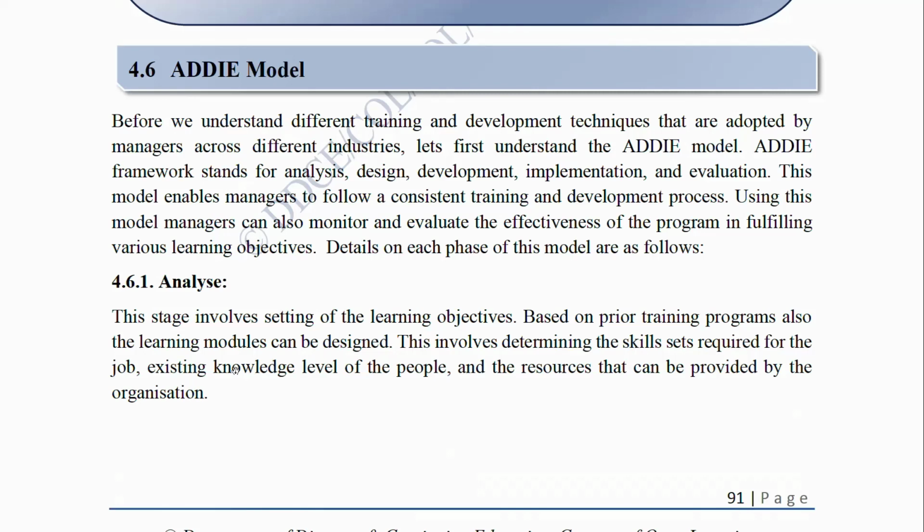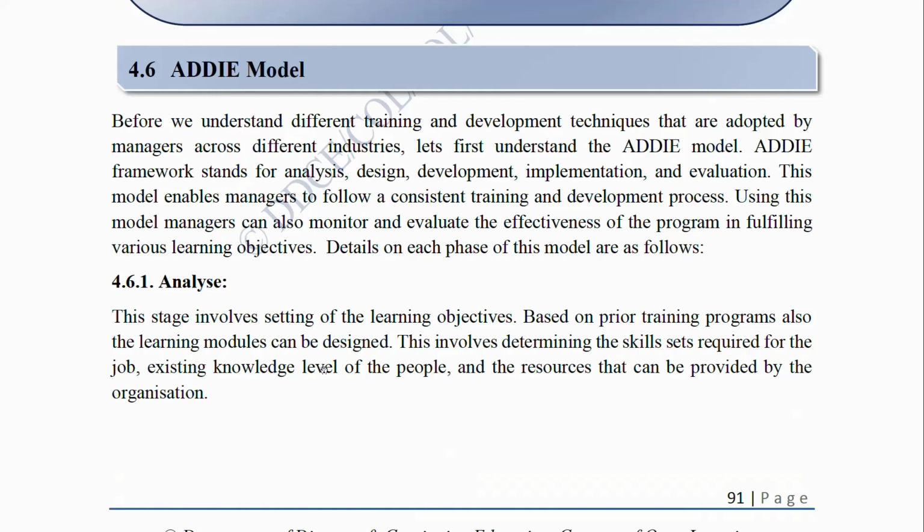4.6 ADDIE model. Before we understand different training and development techniques that are adopted by managers across different industries, let's first understand the ADDIE model. The ADDIE framework stands for analysis, design, development, implementation, and evaluation.